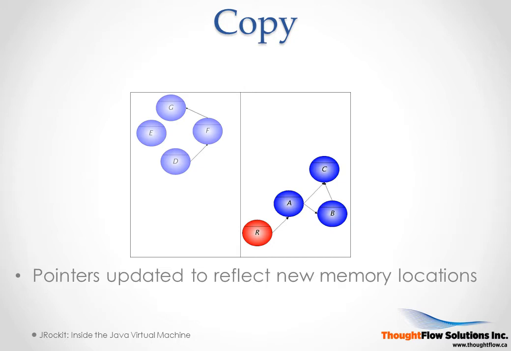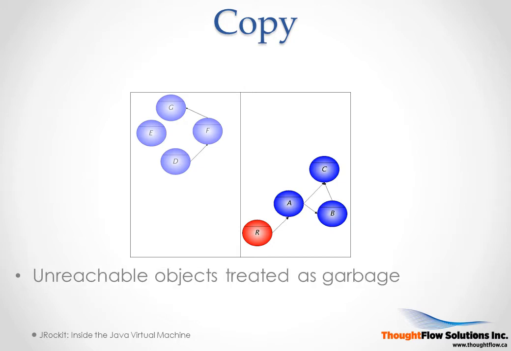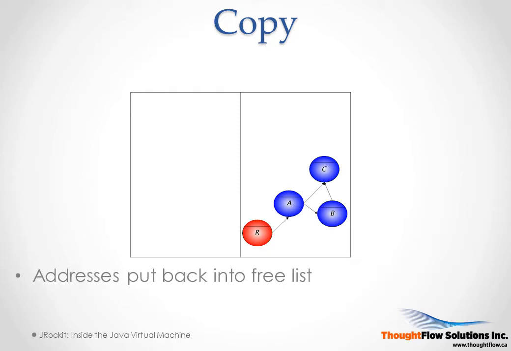Pointers are updated because they're physically being changed. And the unreachable objects are of course treated as garbage, and these happen to be objects D, E, F, and G. Of course these are then reallocated and put back into the free list, so that their memory locations are available for new objects. Now region number 2 is the active one.